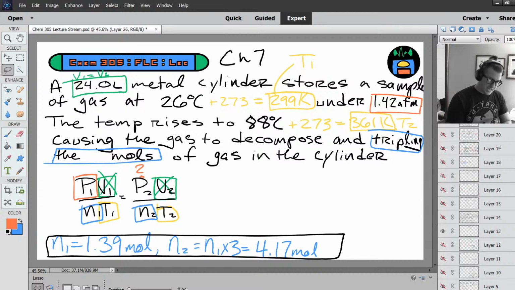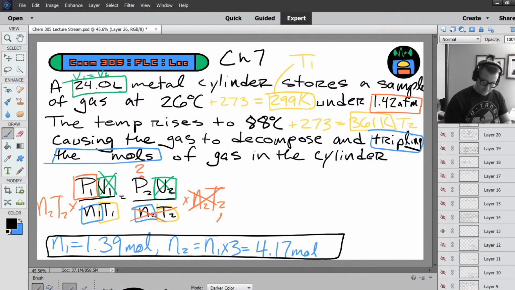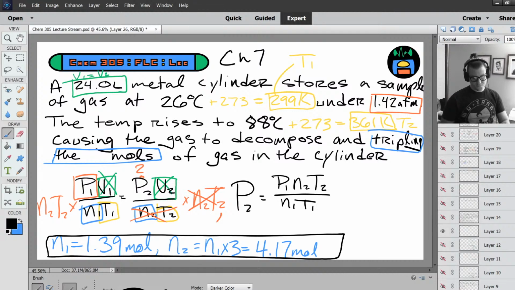So we need to isolate pressure on one side of our equation, multiplying by N2 and T2. They will cancel off of this side, giving us the equation: final pressure is equal to initial pressure times final moles times final temperature divided by initial moles times initial temperature.